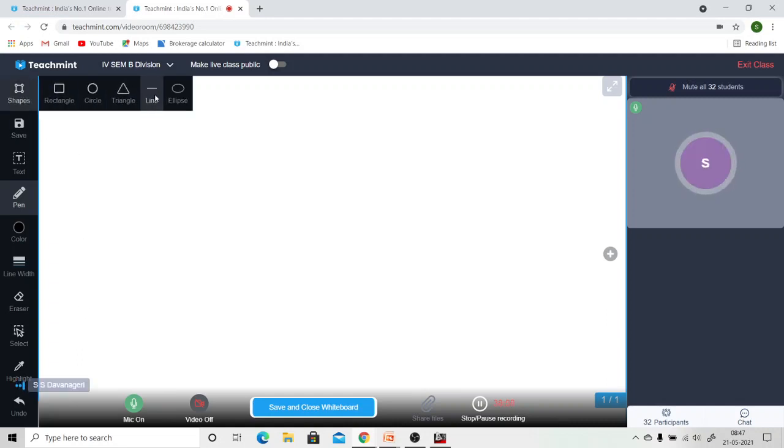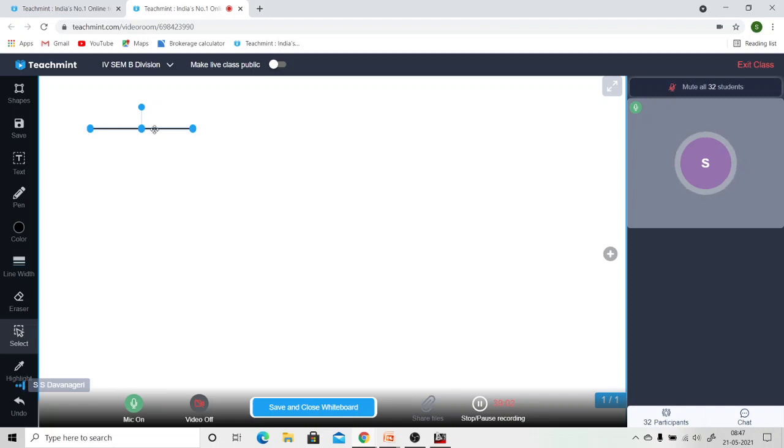Now you just observe here. Now this is one line. Dimension is not possible here, so write it.